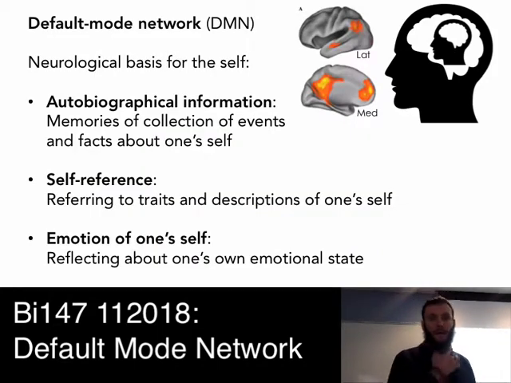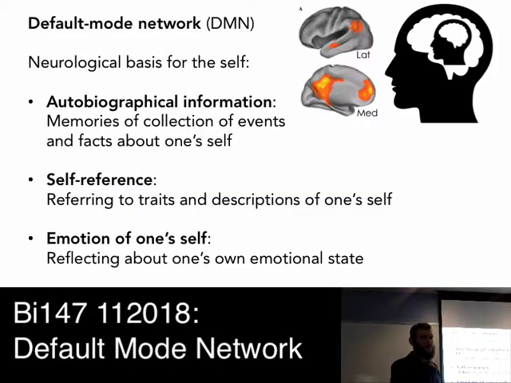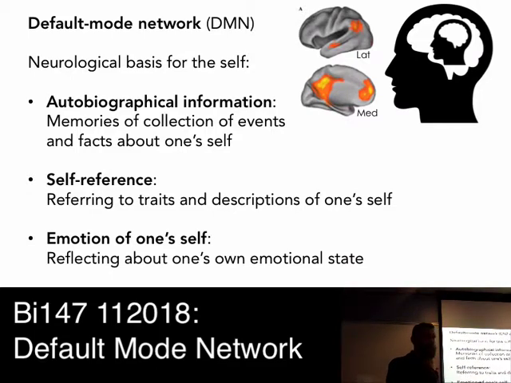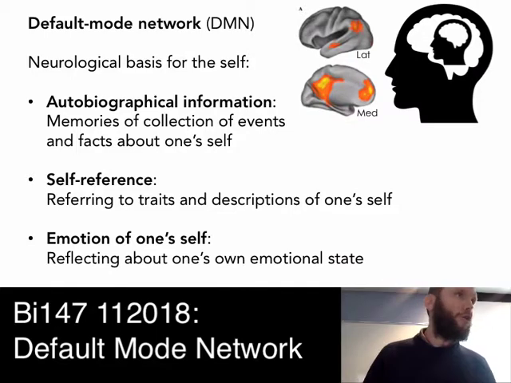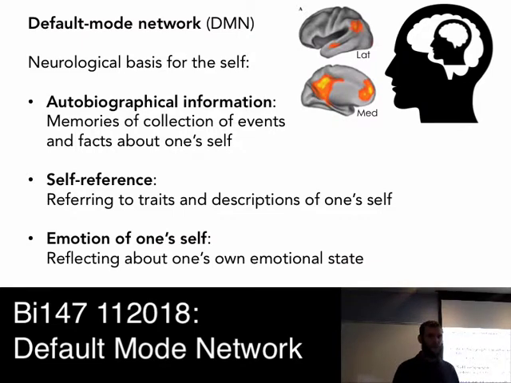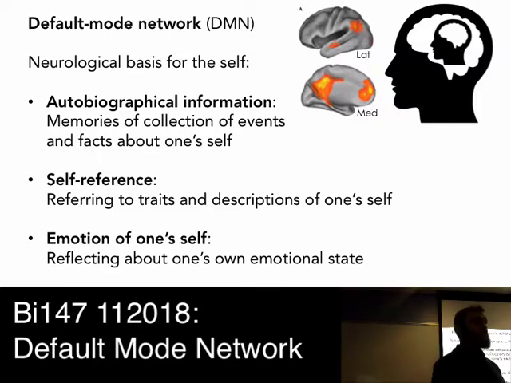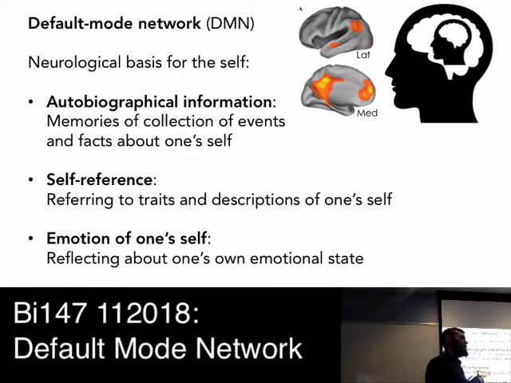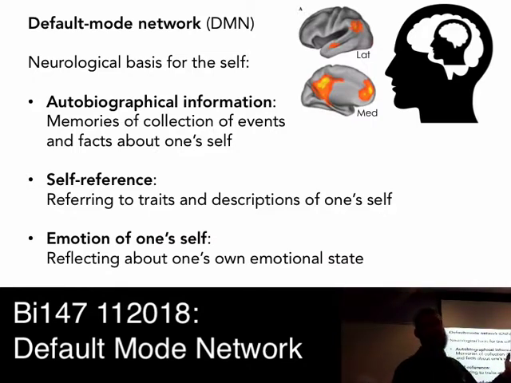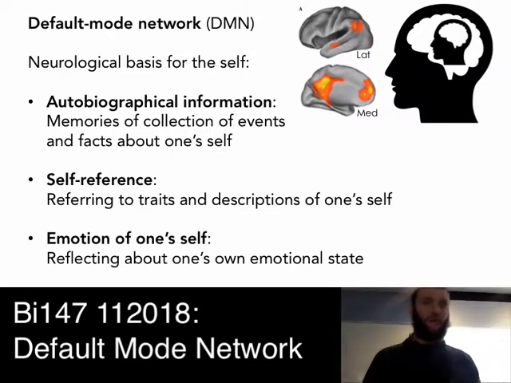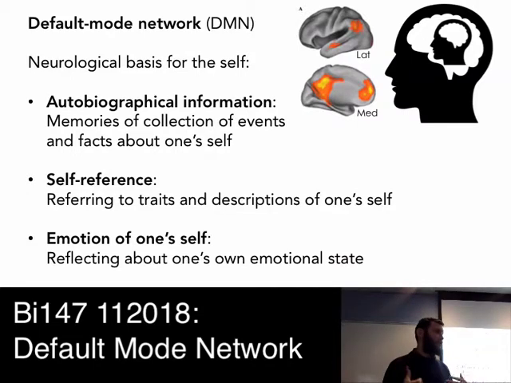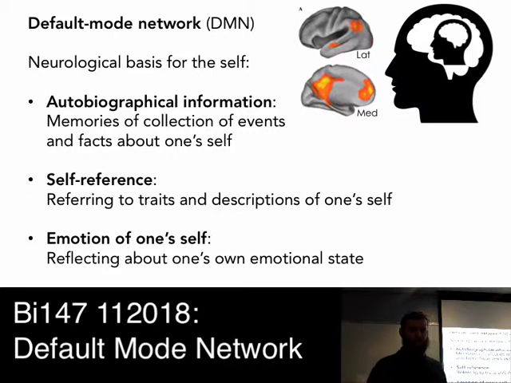What does it mean? So default mode network, it's the neural basis. It fires when you're having thoughts of the self. So autobiographical information, self-reference. So thinking about my hair is long and blonde. I want to be a stand-up comedian, but it's not happening for me. Things like that, right? When you're thinking about the self and describing yourself.